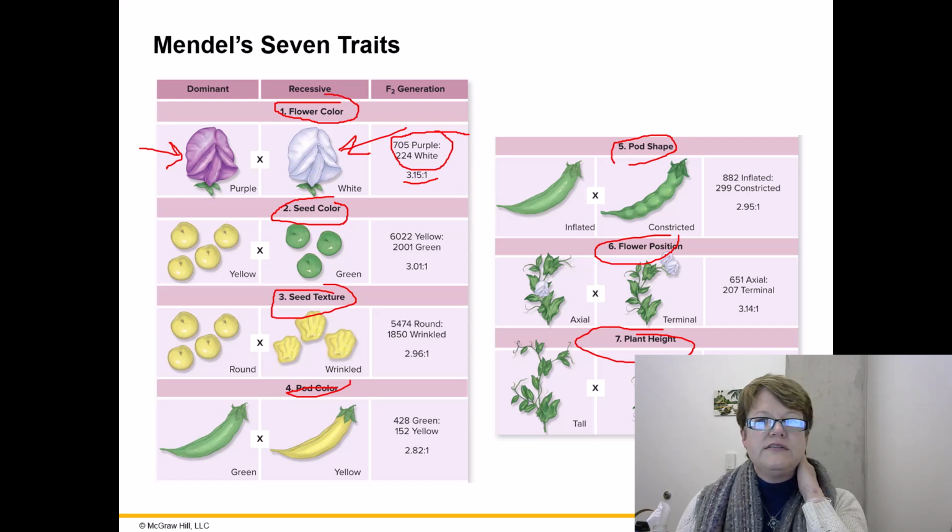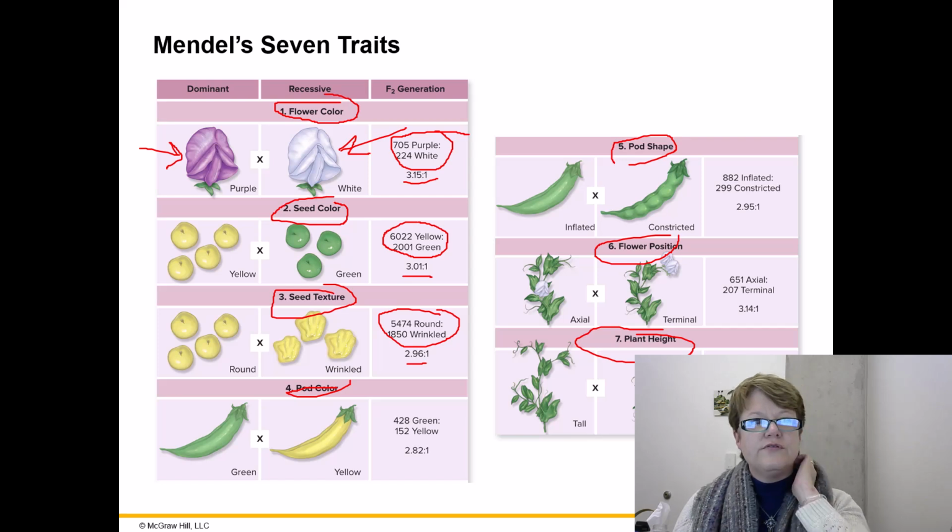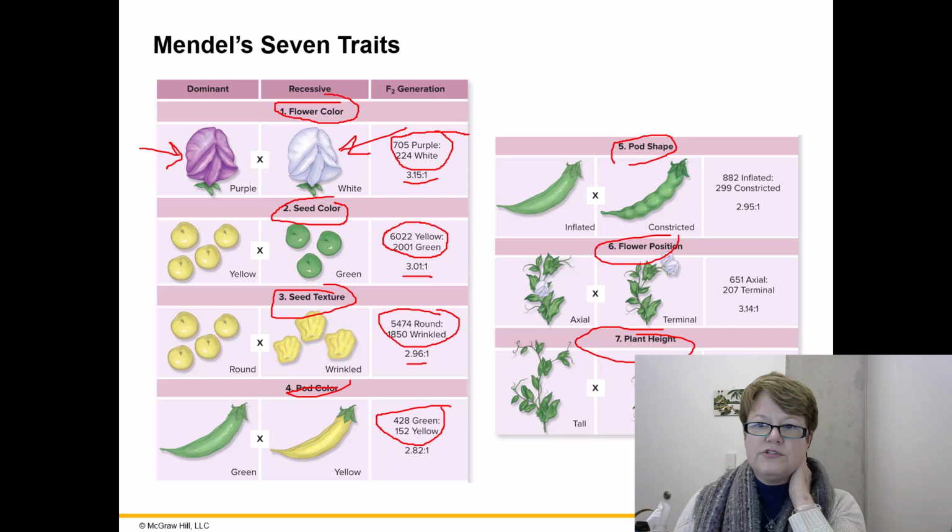And when he did the same math with these other ones, he kept boiling it down to a ratio that was really close to what the real ratio is, kind of the ideal ratio, which we call 3:1. 3 that had the appearance of one of the P1 plants and 1 that had the appearance of the other P1 plant.